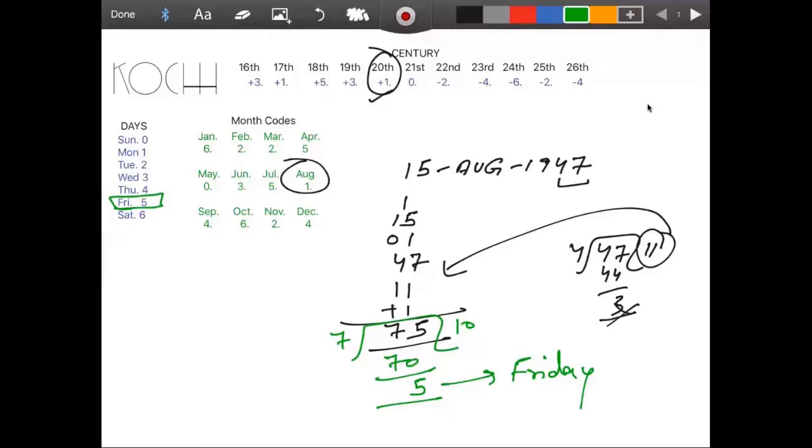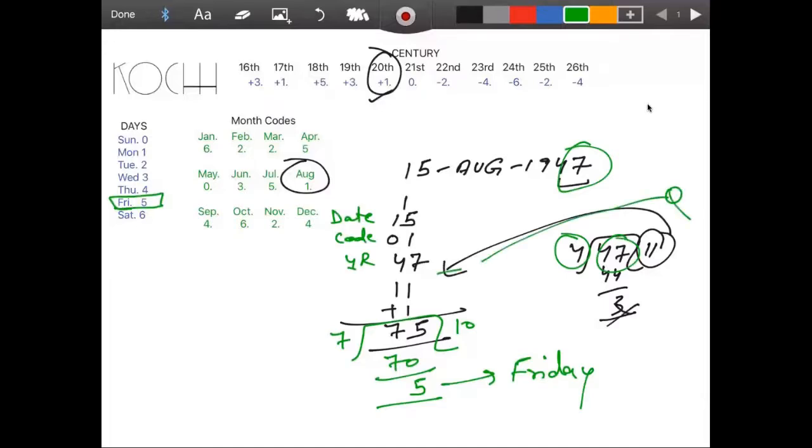Let's take a date which falls in the leap year and the date is before 29 Feb. So I'll first repeat this. Our first step was date. Second step was code of the month. Then year, last 2 digits. Then year divided by 4.